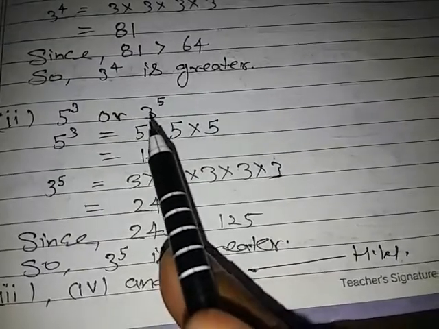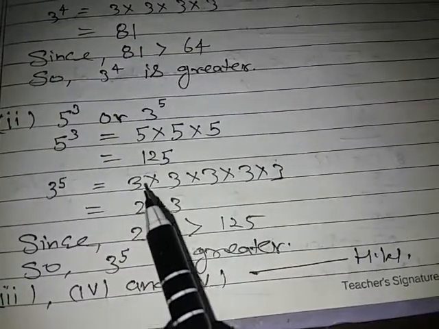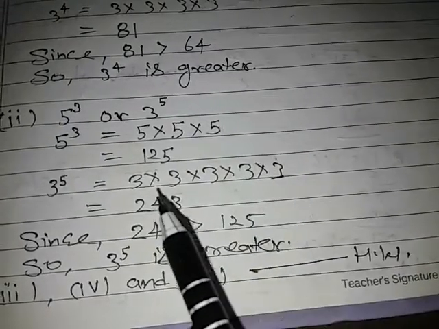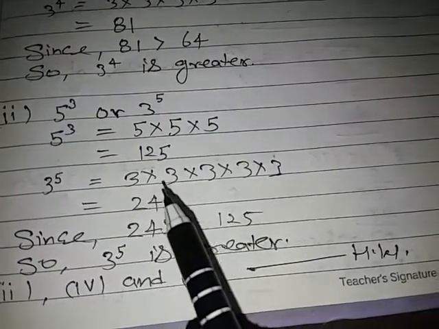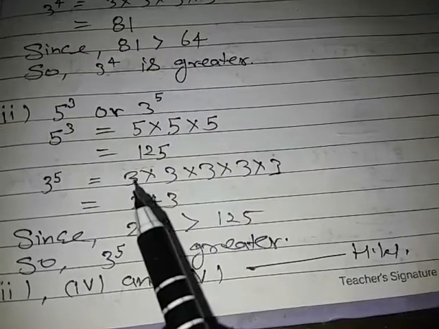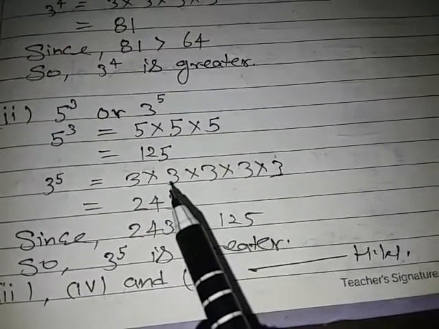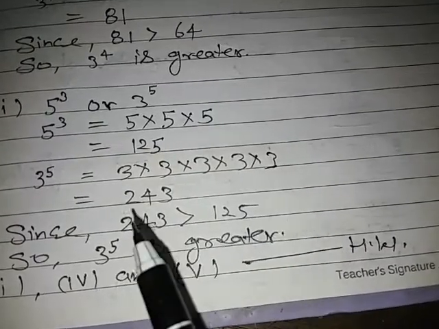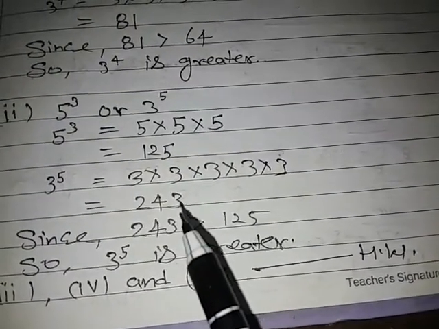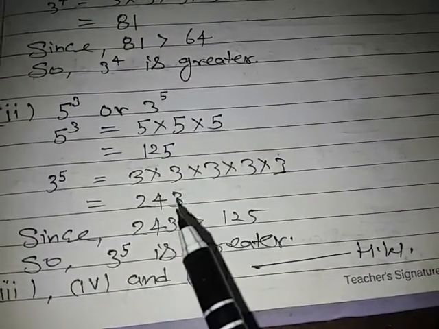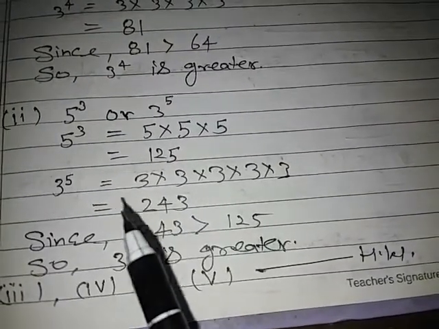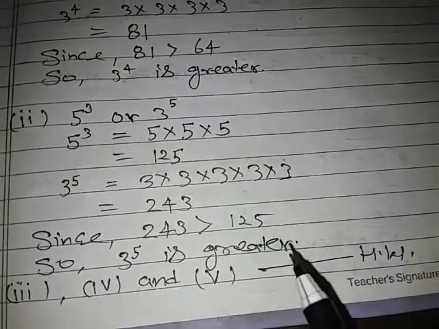Now find the value of 3 to the power 5, which is 3 into 3 into 3 into 3 into 3, 5 times. 3 threes are 9, 9 threes are 27, 27 threes are 81, 81 threes are 243. We can see here 243 is greater than 125. So 3 to the power 5 is greater.